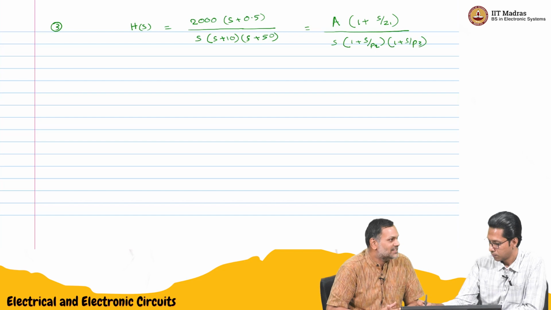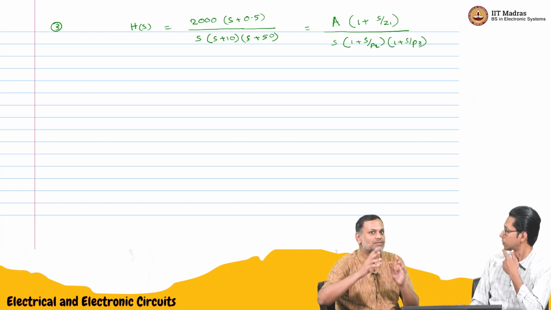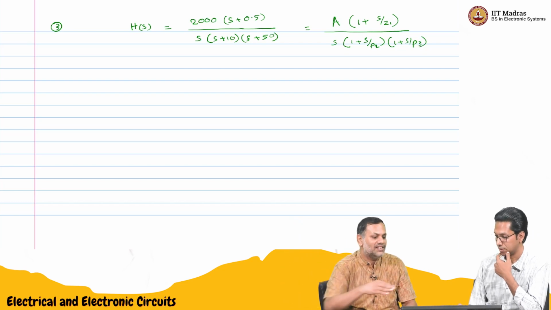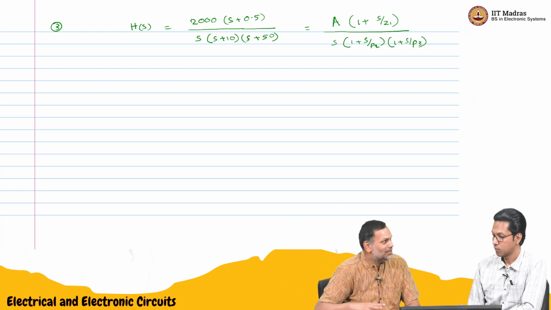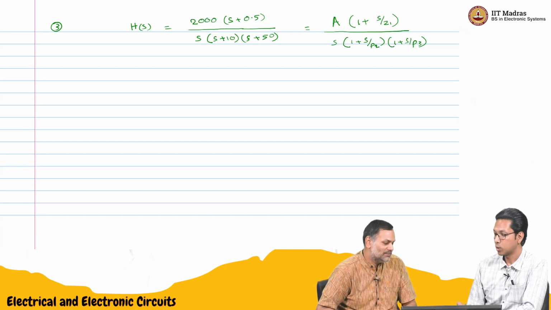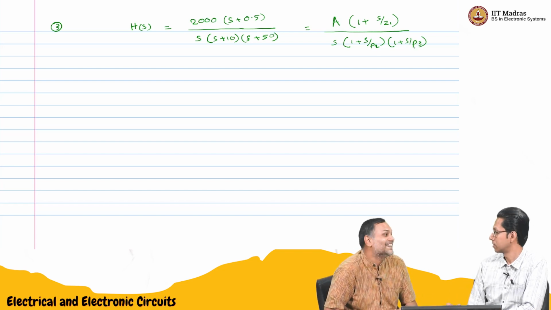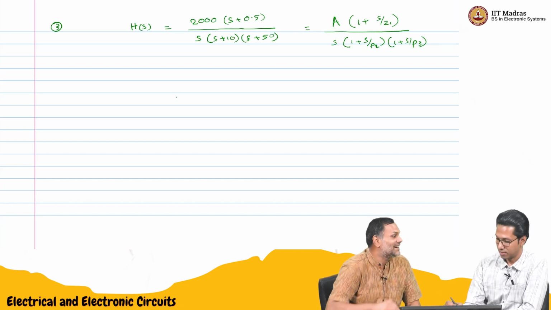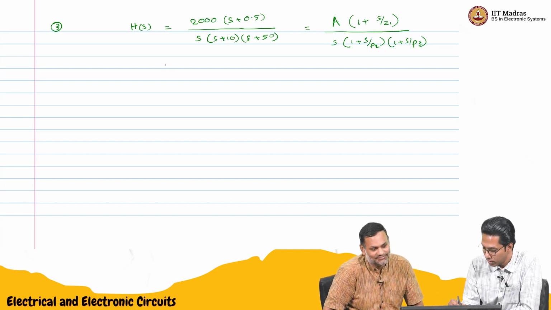This is the standardized form. So gain times 1 plus s by z1 into 1 plus s by z2 and so on, divided by 1 plus s by p1 into 1 plus s by p2 and so on. This clearly says where the pole occurs, you can see it immediately, confusion is not there. And the gain is also known directly, A. So we need to bring it in that form.